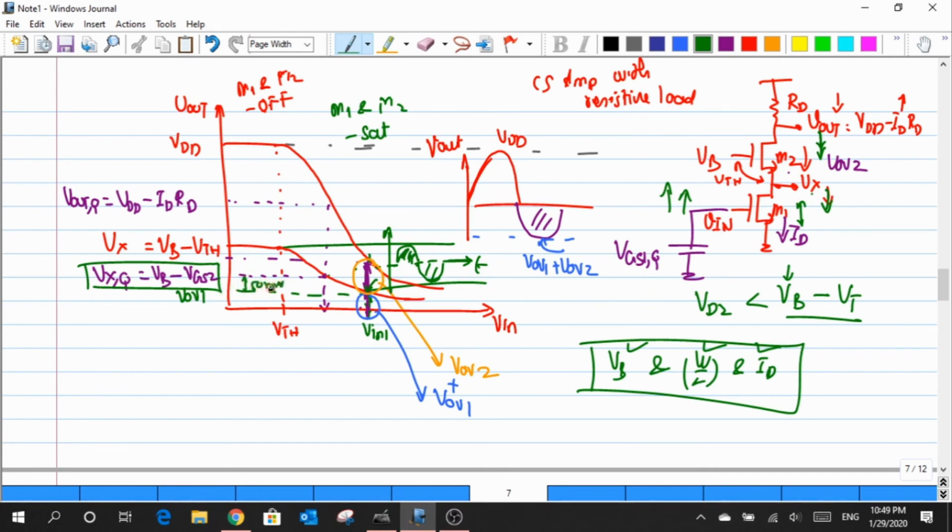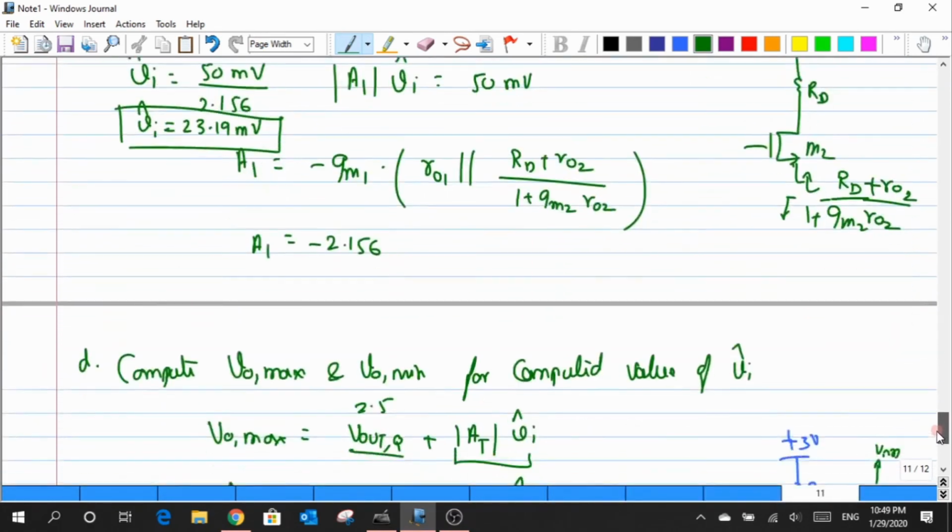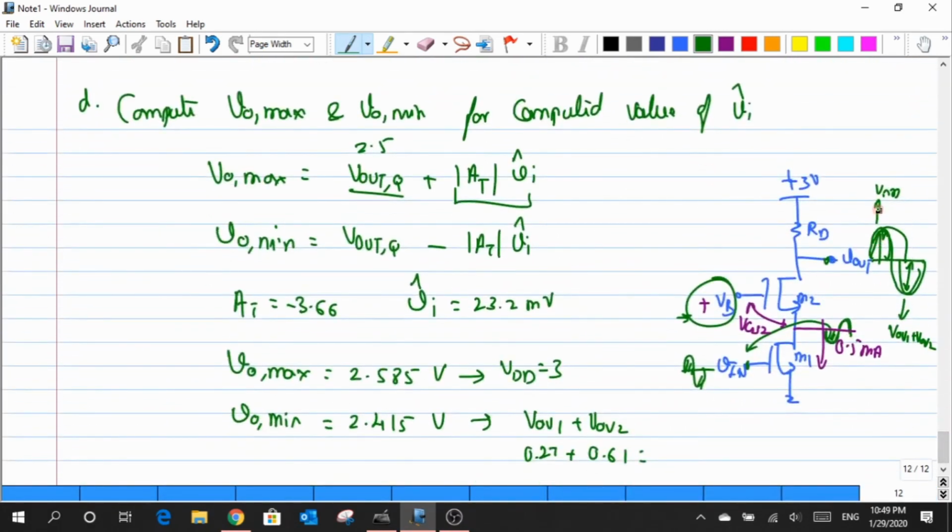One could argue that I could raise the value of this Q point more than this, so that I can eliminate this issue and have a better swing at the output, where it stretches all the way to VDD, and the bottom swing of my Vout can stretch all the way down to VOV1 plus VOV2. So in order to have a full range of swing, I basically have to shift this VB.